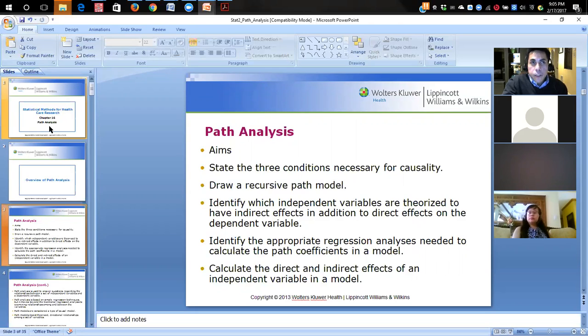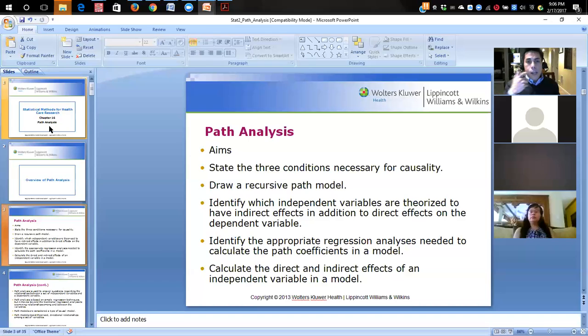So temporal ordering, measurement, and that there's no spuriousness, meaning there are no confounding variables that we missed, which leads to a spurious or fake result. So those are the three conditions of causality.